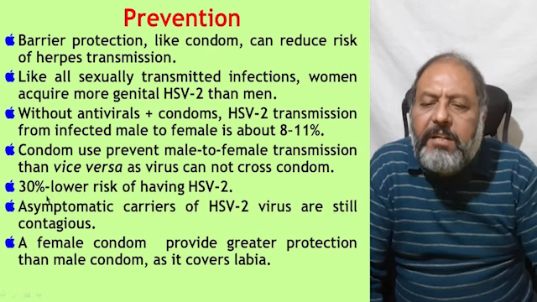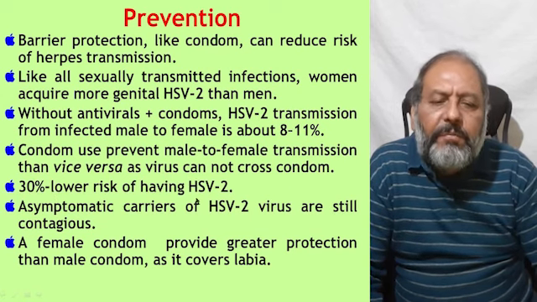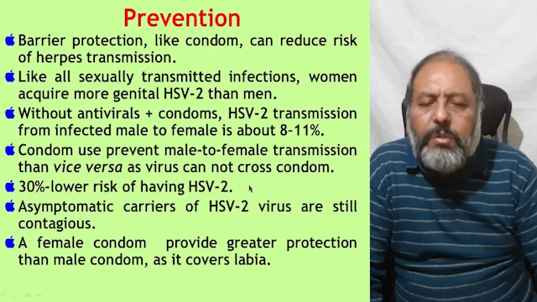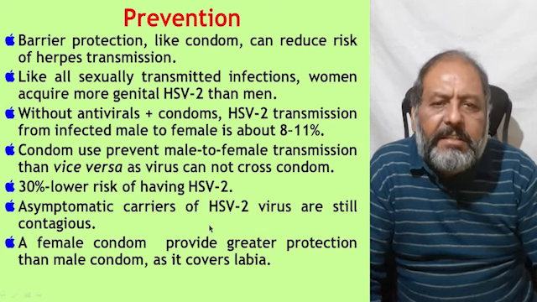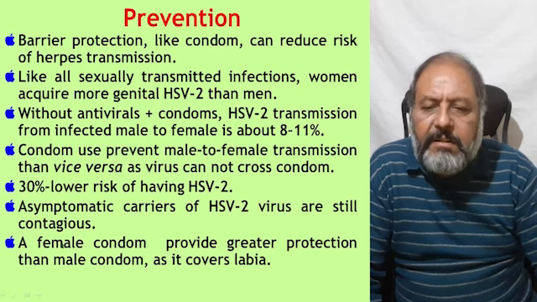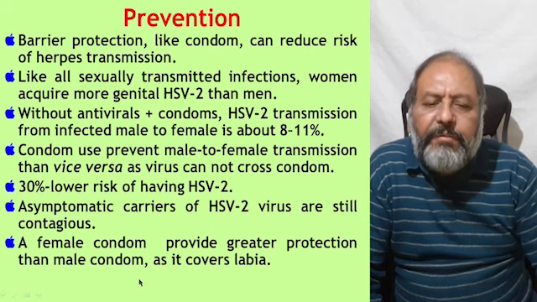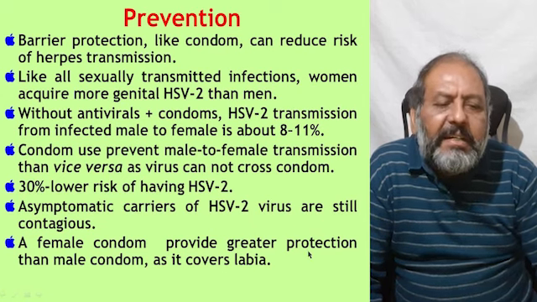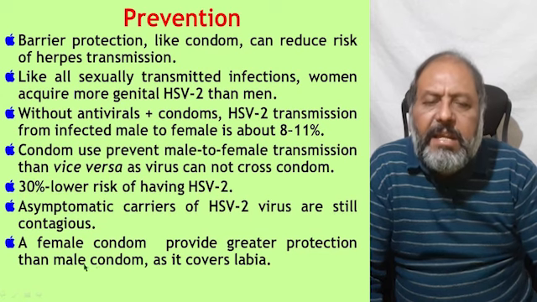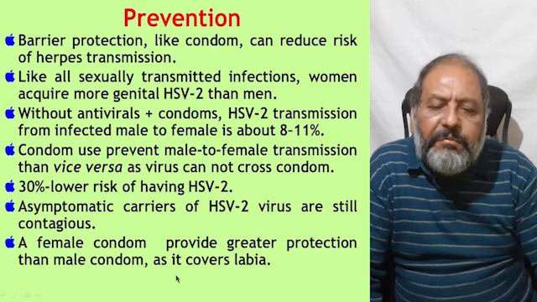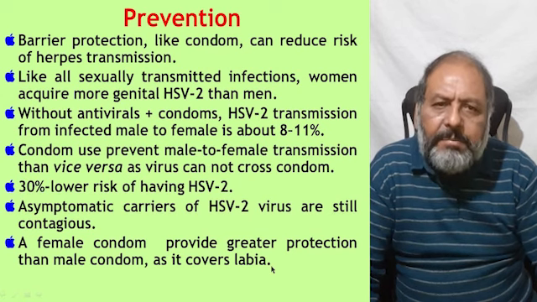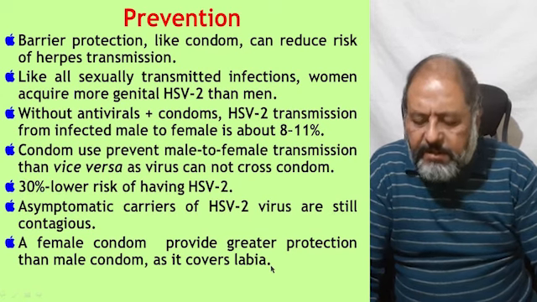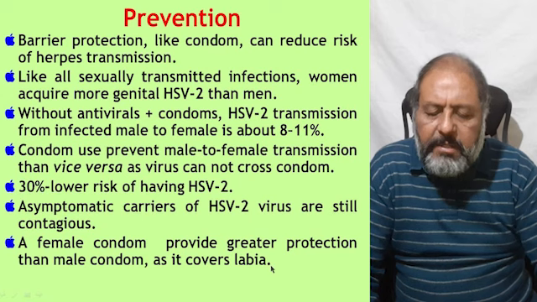There is about a 30% lower risk of HSV2 infection. Asymptomatic carriers of the HSV2 virus are still contagious. A female condom provides greater protection than the male condom, as the female condom covers the labia. If there are ulcers on the labia, one cannot get the infection from the labia to the male.